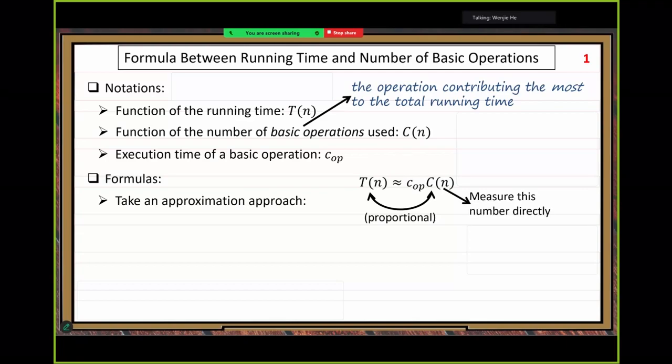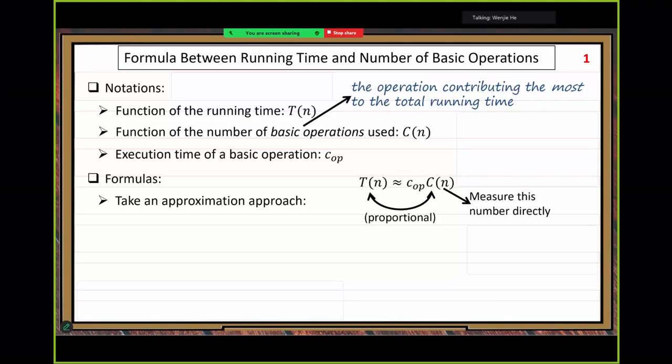Although this relationship is very simple, when we use these two functions to measure the efficiency of the algorithm, the C function is better than the T function.